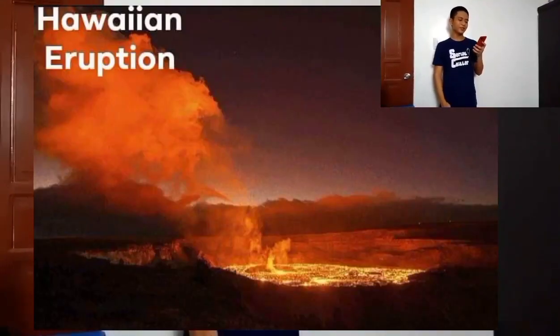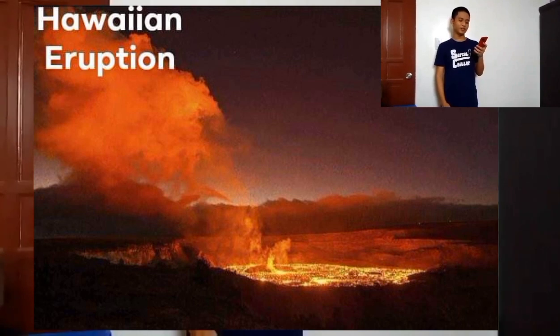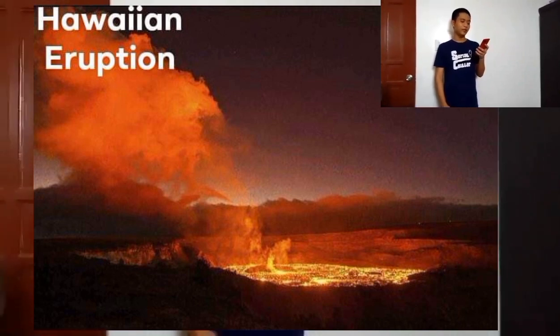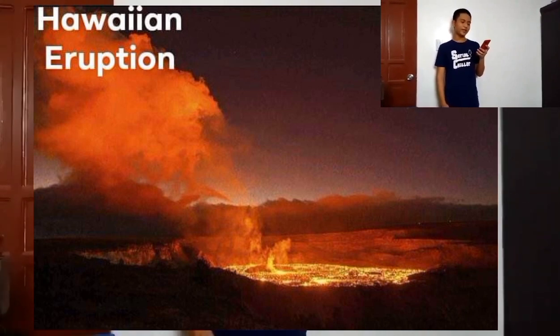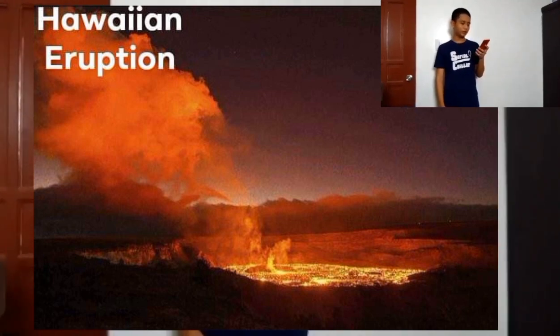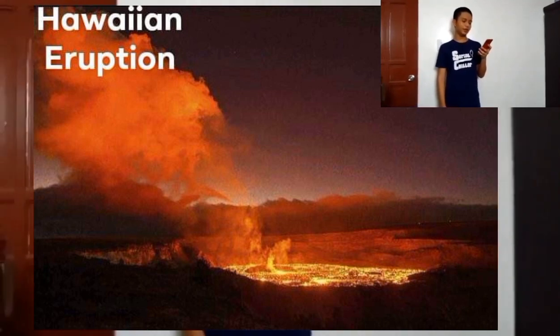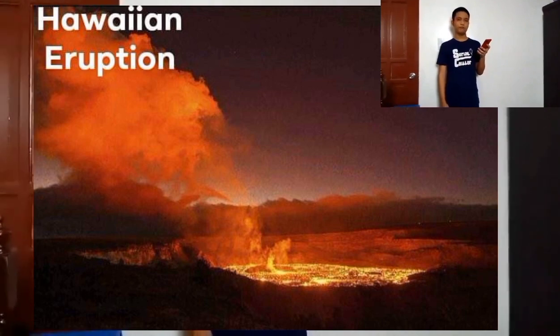Hawaiian-style eruptions are non-explosive eruptions of geyser-like lava fire fountains or curtains of fire that generate red-hot lava rivers of very fluid basaltic lavas. Hawaiian eruptions are typical for shield volcanoes, where eruptions take place both at the summit and at fissure vents.